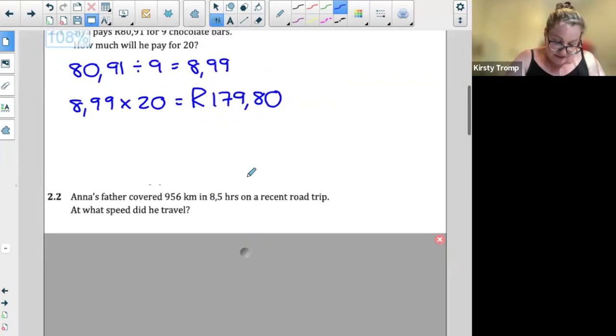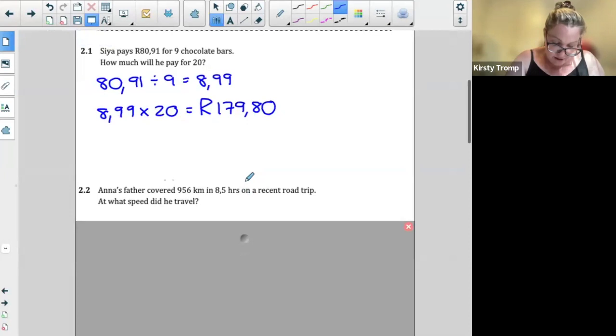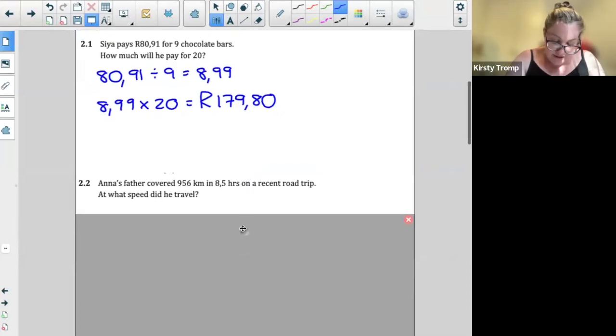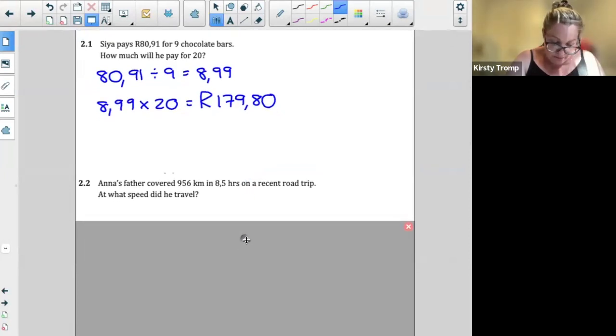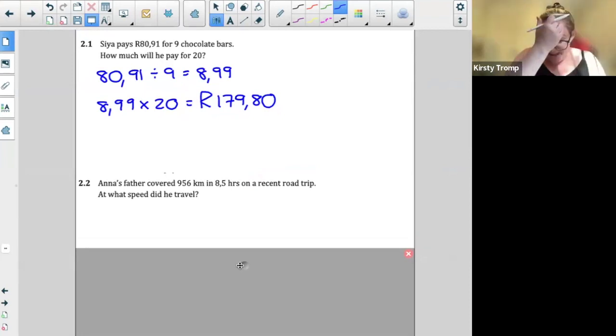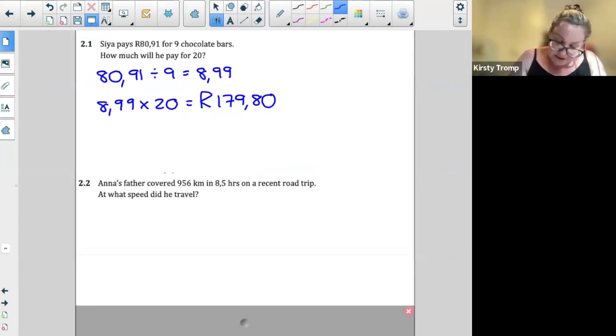Anna's father, I'm going to leave that on the top there if you need it. Anna's father covered 956 kilometers in 8.5 hours on a recent road trip. Ooh. At what speed did he travel? I'm going to put the little DSTV triangle here for you again.